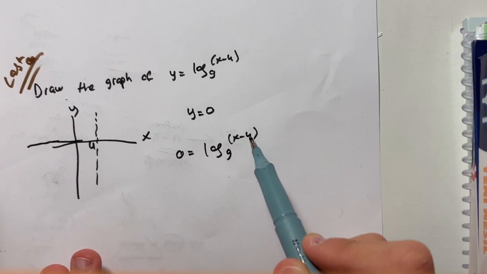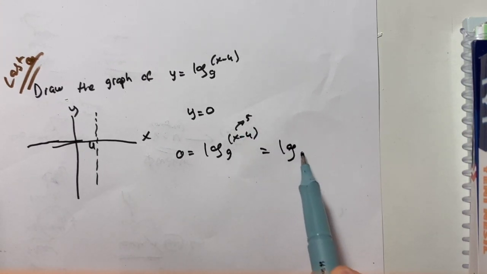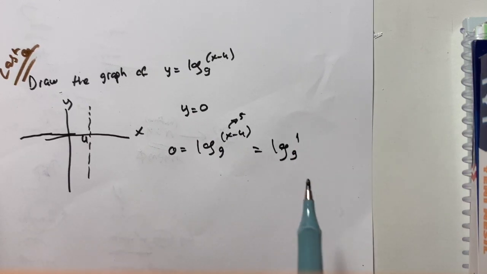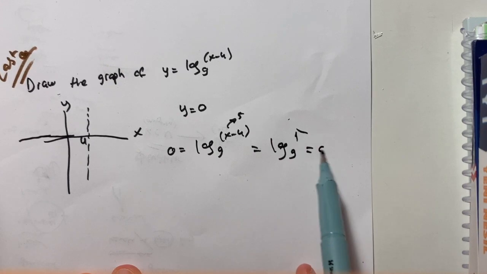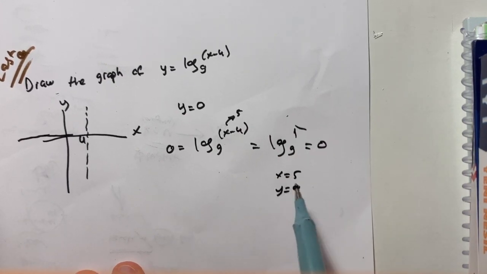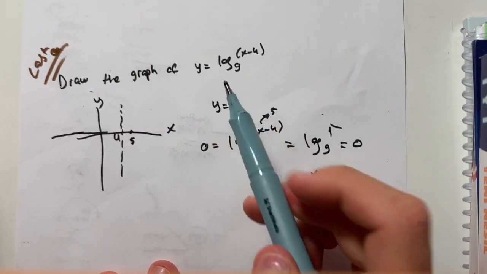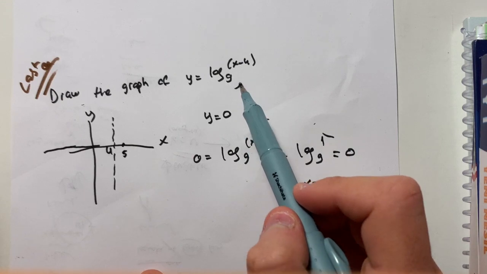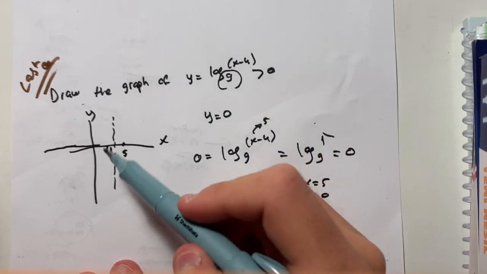So let's make that equality. If we put 5 instead of x, it makes logarithm base 9 of 1, which makes 0. So when x equals 5, y equals 0. So let's also mark that. And since the base is greater than 1, the function is an increasing function.